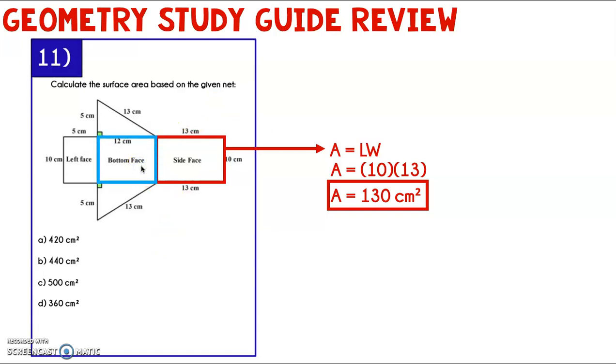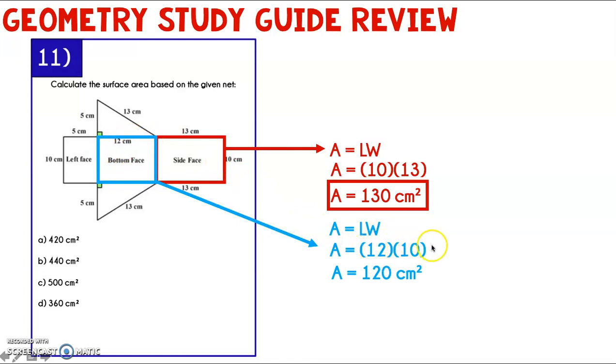On this rectangular piece, we're still going to use our area equals length times width formula, except now our length is 12. Our width is still 10. So we have a 12 times 10, and we get 120 centimeters squared. So now we're going to see if there's anywhere else that would be a 12 by 10 that is 120 centimeters squared.